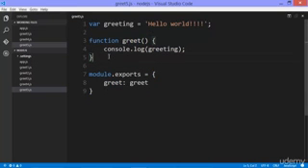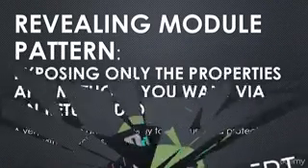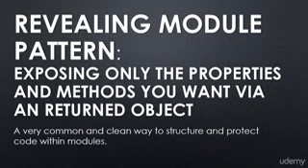This is called the revealing module pattern. Big word alert. The revealing module pattern. This is where we expose only the properties and methods we want from a module via a returned object. This is very common and a very clean way to structure and protect our code within a module.